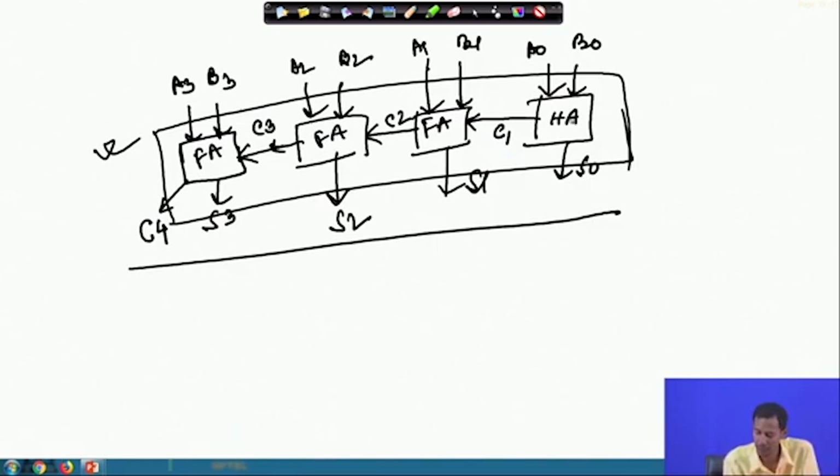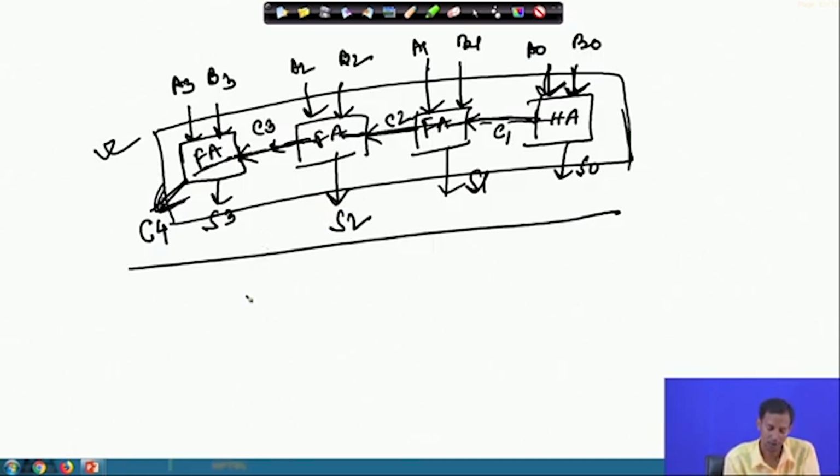It starts from any of these two LSB bit positions, then the logic is transferring from this to this, this to this, and up to here, this carry is traversing. That is the longest path in this circuit, which passes through the maximum number of gates. So, that is the critical path.